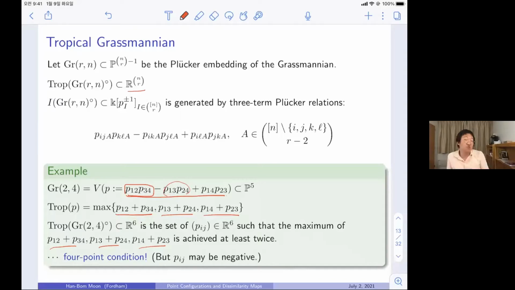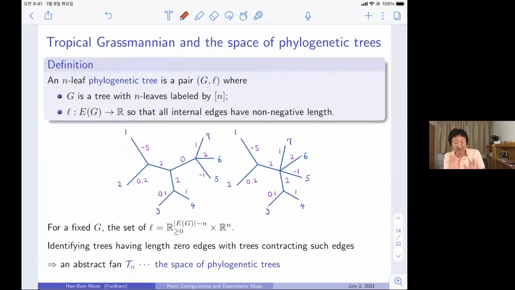So now I'm going to extend the definition of metric trees and phylogenetic trees a little bit. This is the formal definition. We say an n-leaf phylogenetic tree is a pair of a topological tree G with a function L, where L is a function from the set of edges to real numbers, such that all internal edges must have non-negative length, so we are going to allow 0.